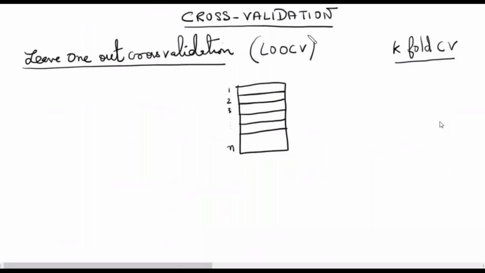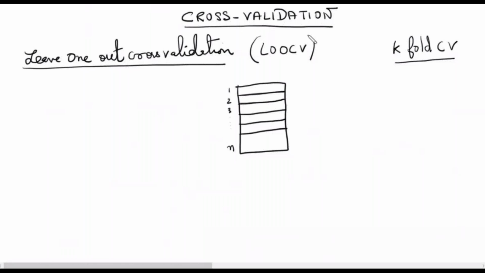And hence, we do not go ahead with that concept of dividing the data into three sets of training, test, and validation. So what do we do instead? We instead do a process of cross validation. So cross validation is used instead, and this is used with almost all popular algorithms. This is usually used with algorithms which are very flexible in nature. All the non-parametric algorithms are very flexible in nature.